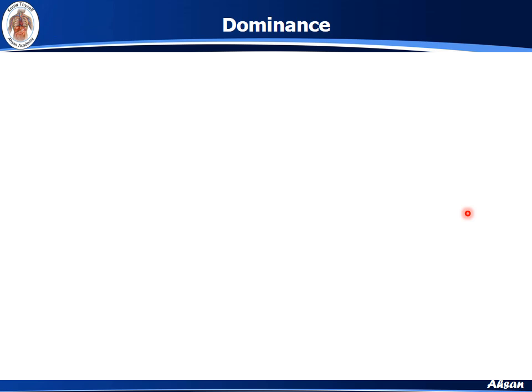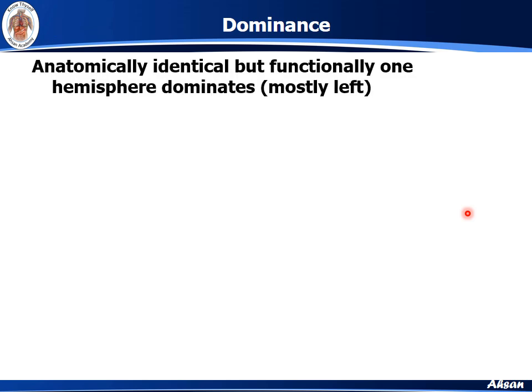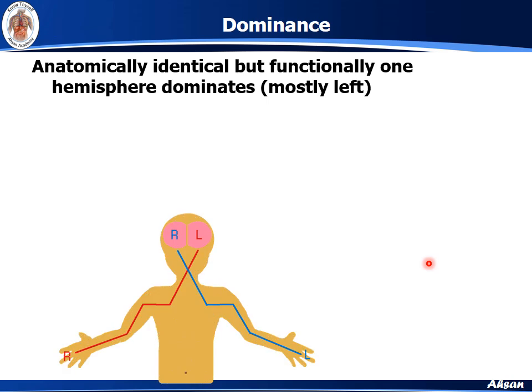Dominance means some area dominates over the others. As a hemisphere, the left one usually dominates. So dominating means it is functionally active and overdoing over the other one. The left hemisphere is dominating. So usually the right side's motor activity is dominated by it.